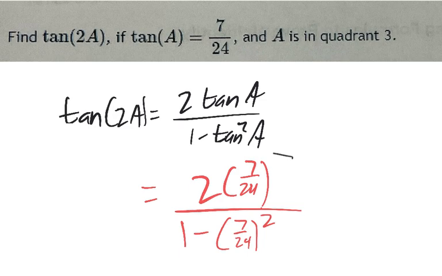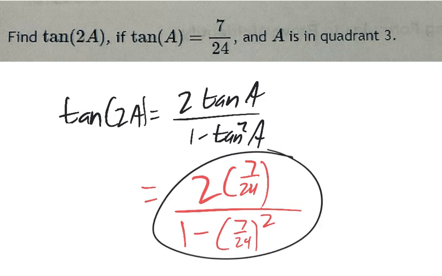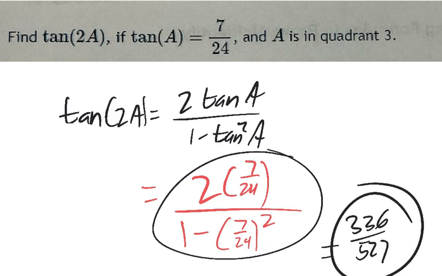And then guess what you do? You plug that in and you get 336 over 527. That's straight up plug into the formula. That one's no thought.